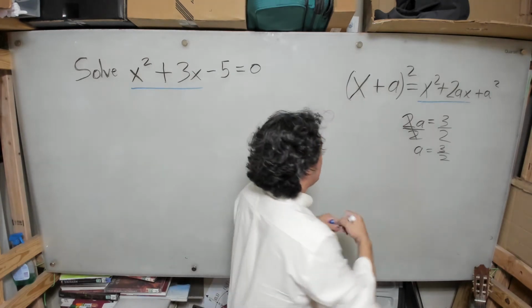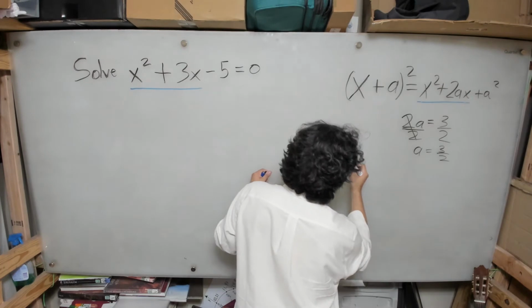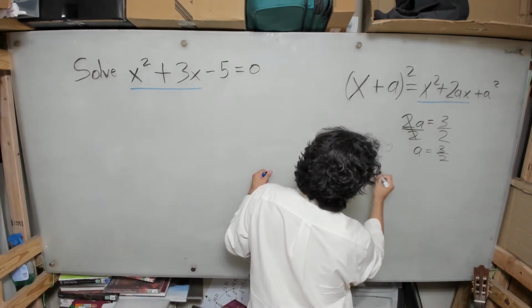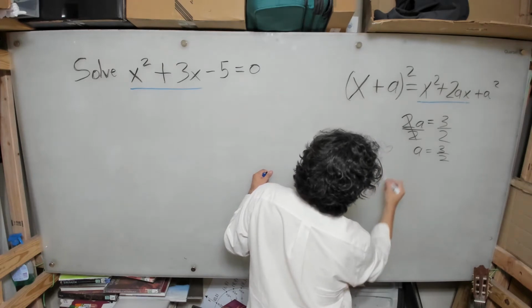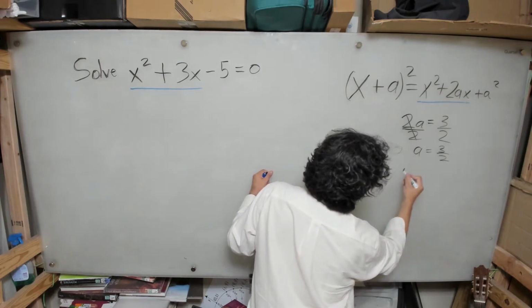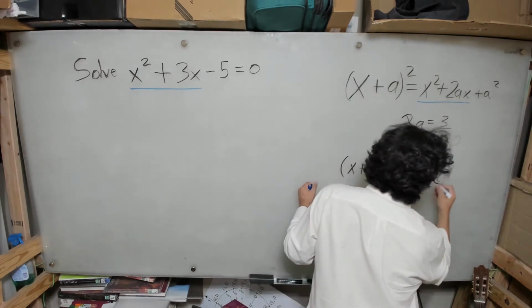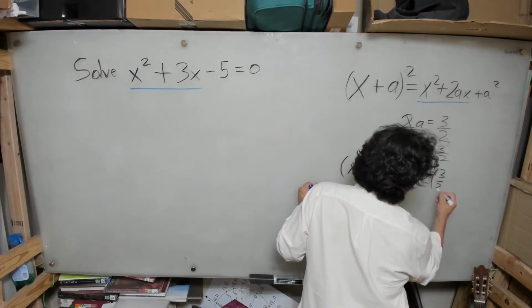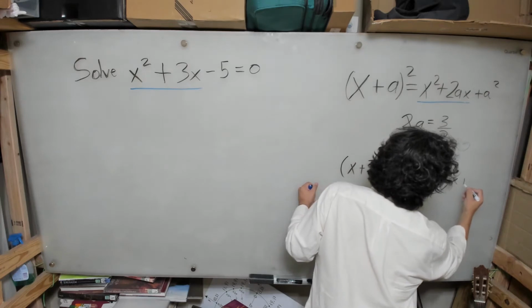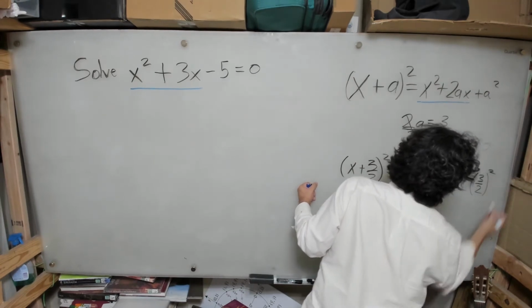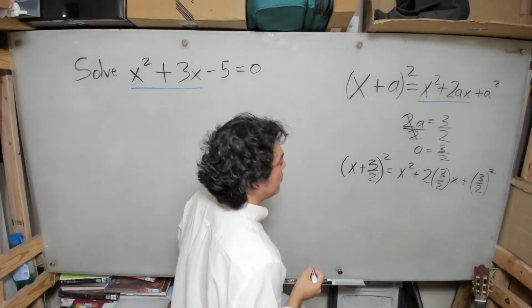So then I plug in here: (x plus 3/2) squared equals x squared plus 2 times 3/2 x plus (3/2) squared. Okay?